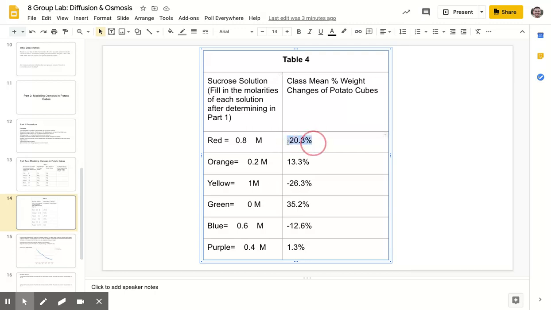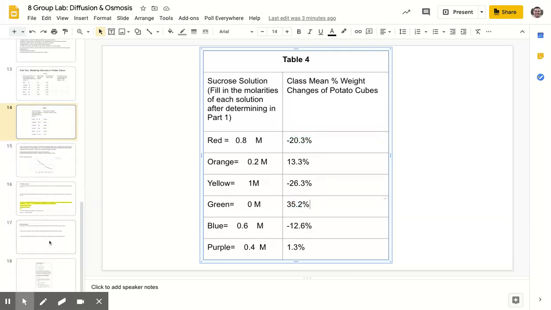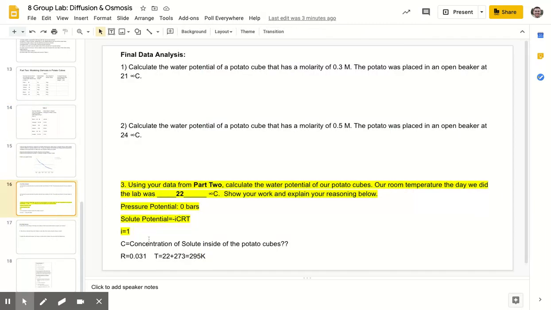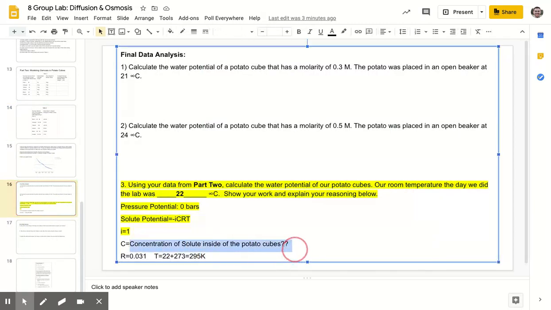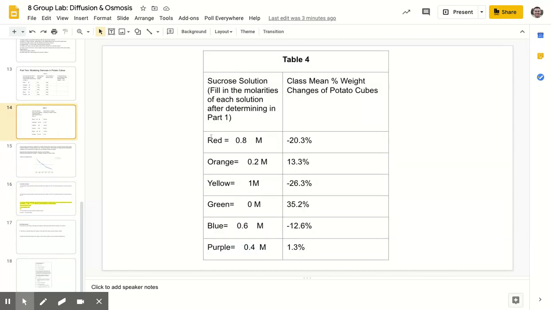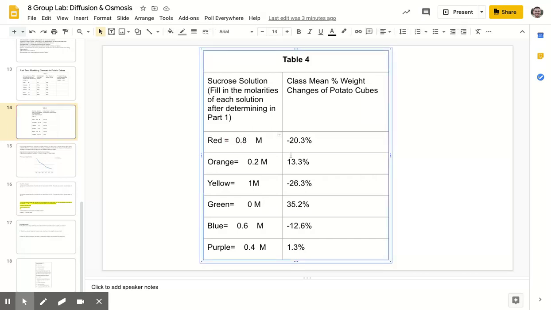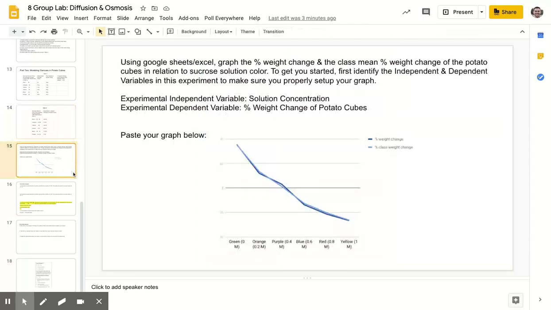Notice some potato cubes lost mass, and some potato cubes gained mass. If we want to determine the concentration of sucrose inside the potato cubes, what we can do is plot the concentrations with respect to the percent weight changes. If you do a linear graph, you're going to get a line that intersects at the x-axis.